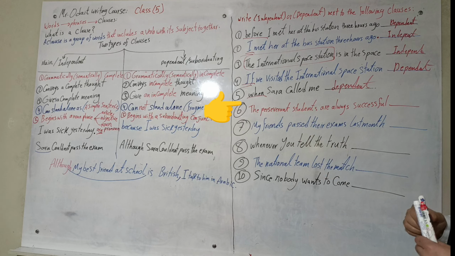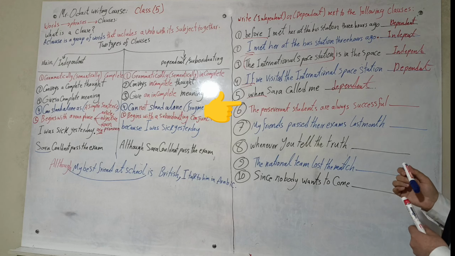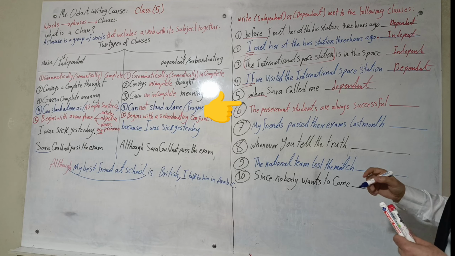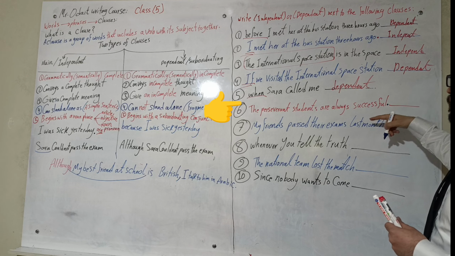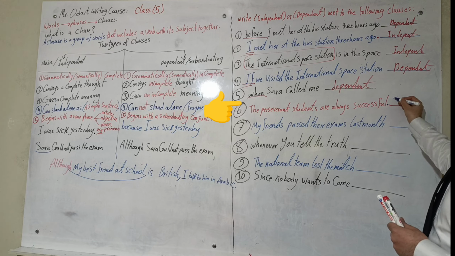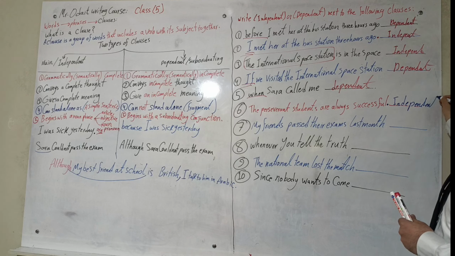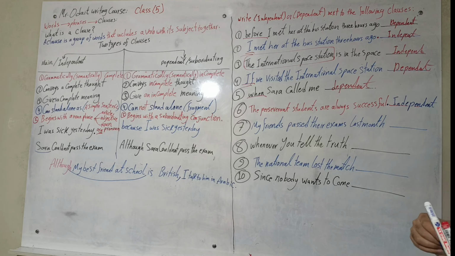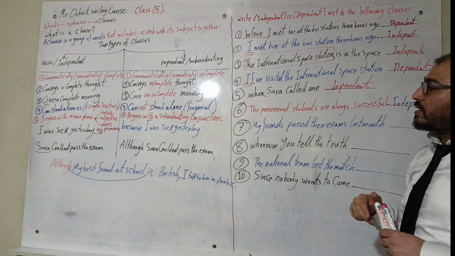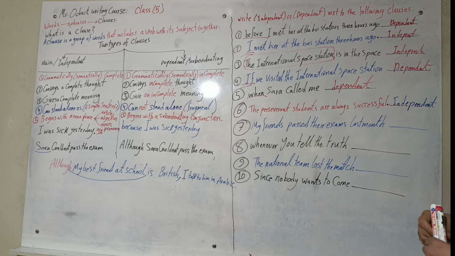The perseverant students are always successful. As you see here, my friends, this is a complete meaning clause, and we call it independent because I don't need to add any further information, so that it's clean and clear by itself.